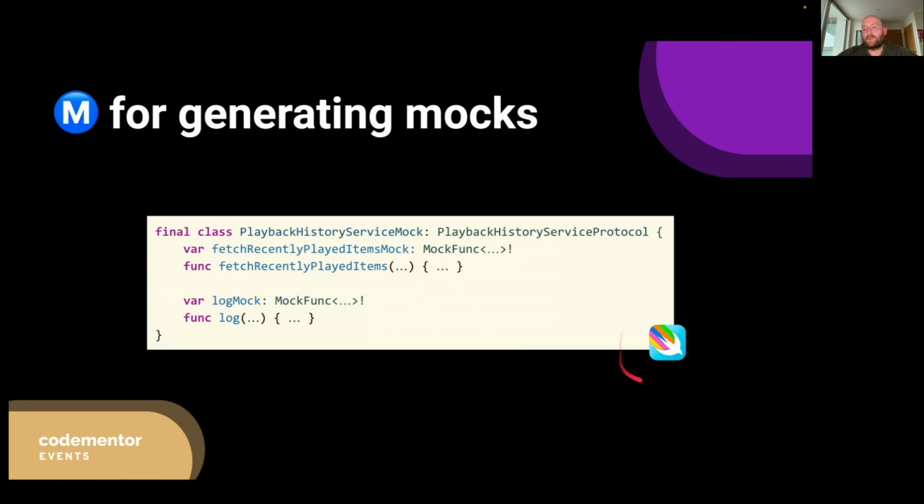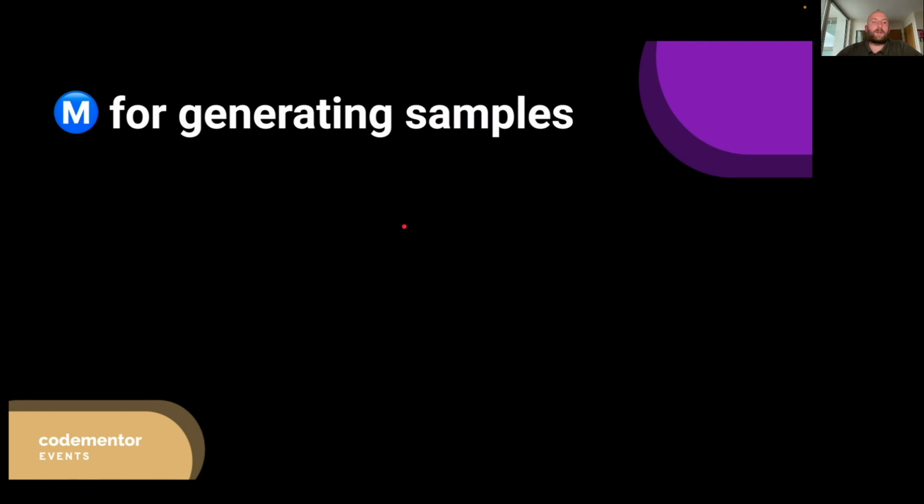By the way, the Sorcery repository features a template for generating mocks for your protocol. It's called AutoMockable. It's great. Everyone uses it, so you should be using it too. These mocks will be later used in unit tests to make sure that the system under test reacts correctly to defined mock behavior.